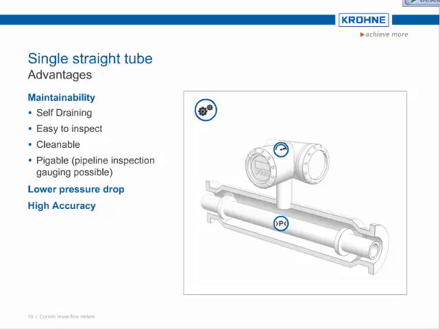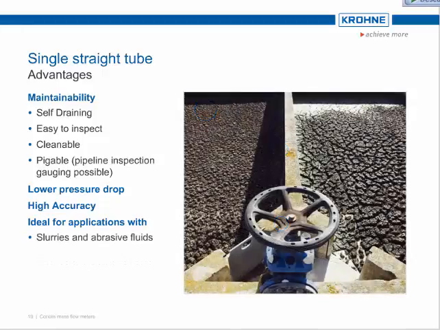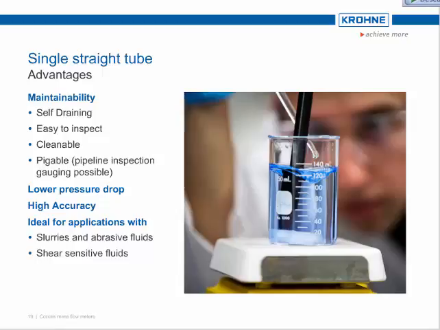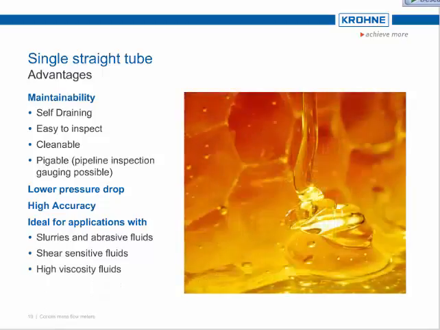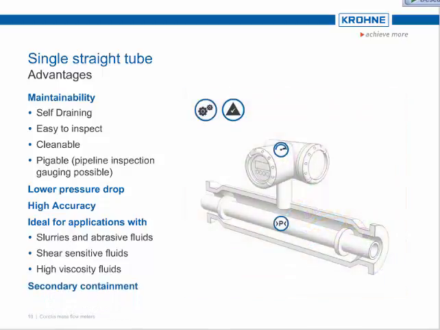This makes a single straight tube meter ideal for applications involving slurries and abrasive fluids, shear sensitive fluids, and high viscosity fluids. The structural design of a single straight tube meter offers the added safety advantage of secondary containment. The sensor sizes for single straight tube meters are typically from DN06 to DN50, but DN100 instruments are available.